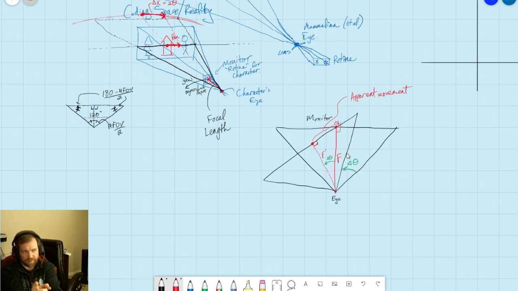Having a little bit of a problem here. Because this appears to be a right triangle with the same focal length on both the leg and the hypotenuse, and that can't actually happen.